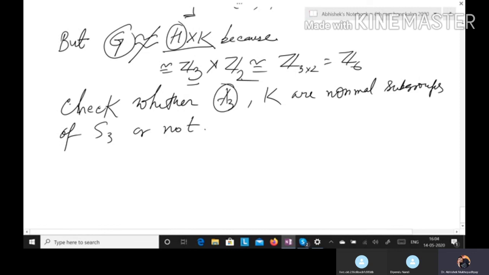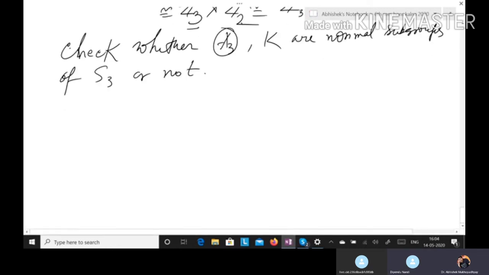A3 being a subgroup of index 2 must be normal. So you must check the group K: whether K is normal or not.